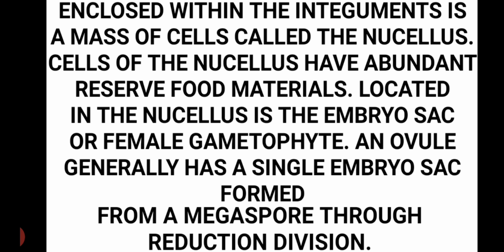An ovule generally has a single embryo sac formed from the megaspore through reduction division. So in each ovule, there is only one embryo sac or female gametophyte, which is formed by reduction division.